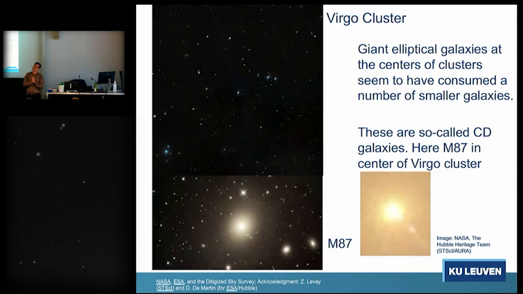They often sit in the center of dense galaxy clusters, which are large collections of galaxies that sit together. And then they accumulate more and more mass. They grow and grow until they reach very high masses. And here is one example. This is M87 that sits in the center of the Virgo cluster in this case.